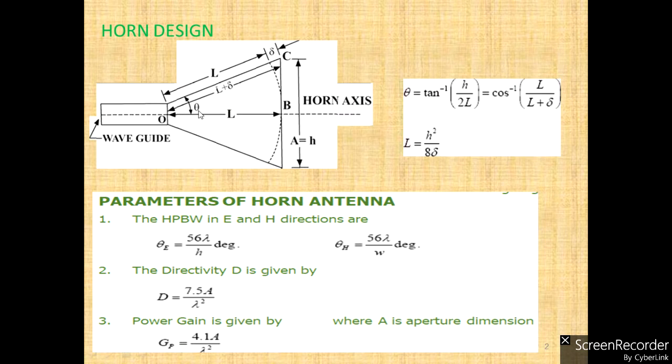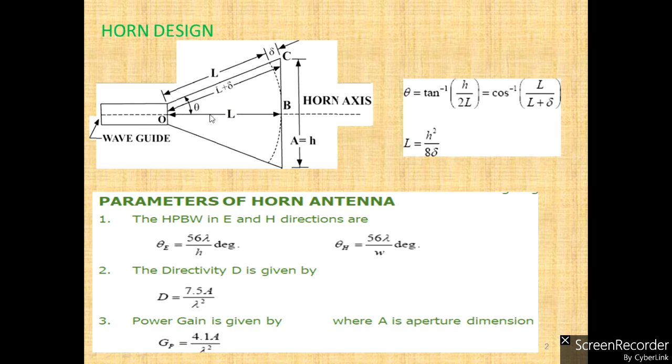So in order to design a horn antenna, we have to calculate this theta value. If theta is a maximum of 90 degrees, then we have the maximum radiation from this particular horn antenna. Depending upon the flare angle theta, we can take it mathematically.